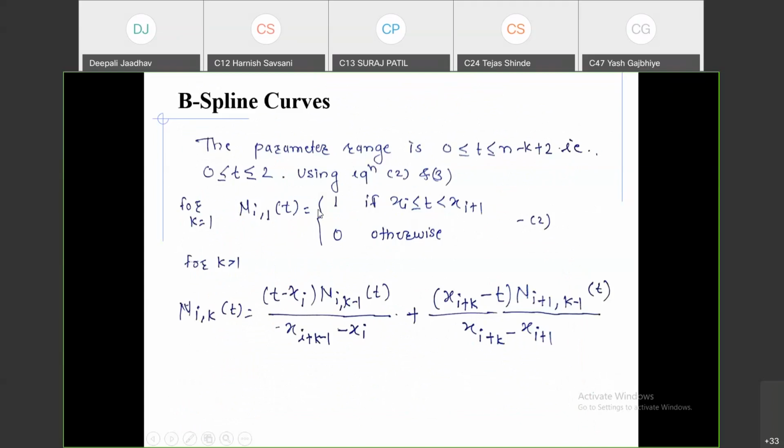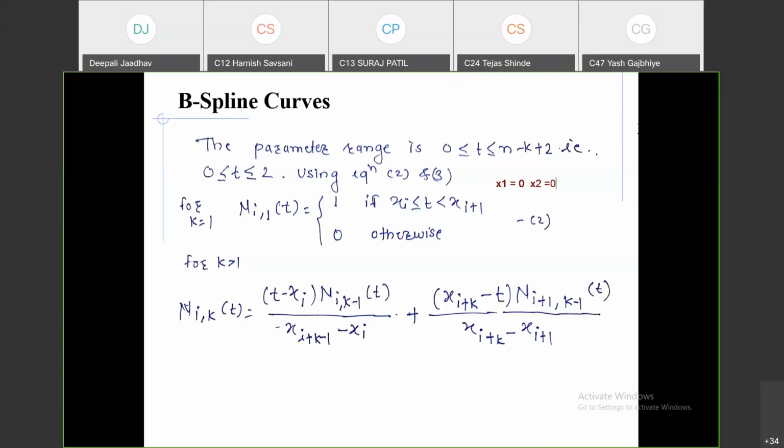So N i,1(t), when k is equal to 1, is 1 if t is greater than or equal to xi and less than xi plus 1. Now we know the values of xi, x1 to x7. As an example, if we are calculating for k is equal to 1 and x1 is equal to 0 and x2 is also 0, both are zeros.